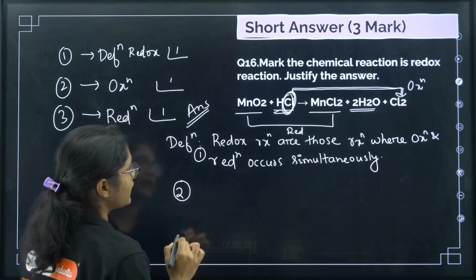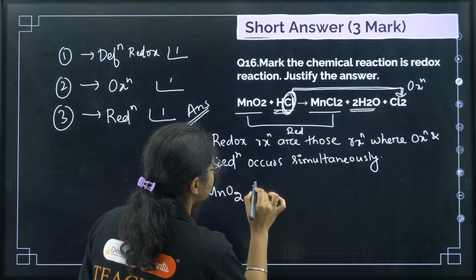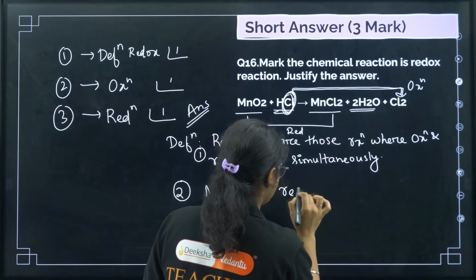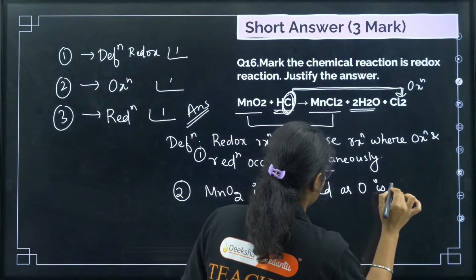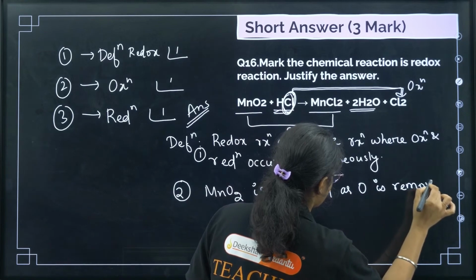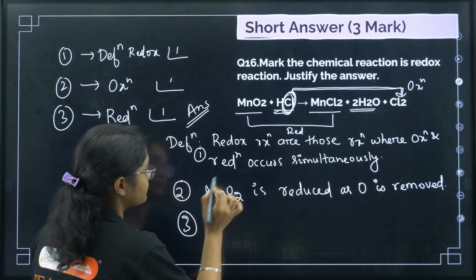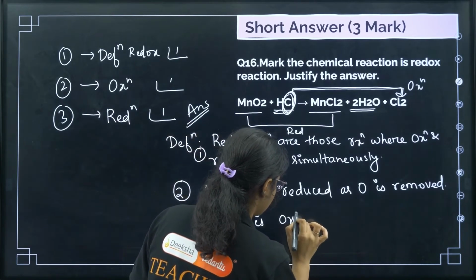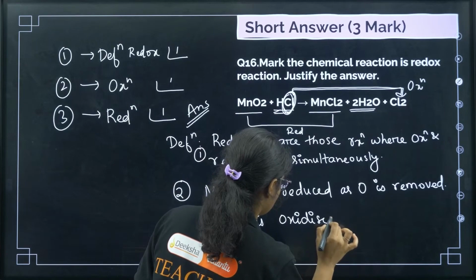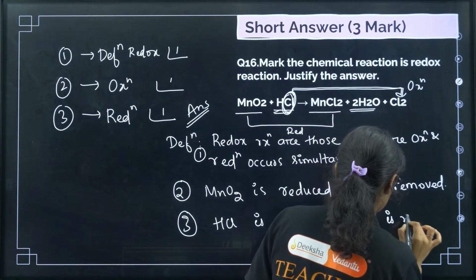Second point, what I need to write: in the given reaction, MnO2 is reduced as oxygen is removed. Third, you can write HCl is oxidized as hydrogen is removed.